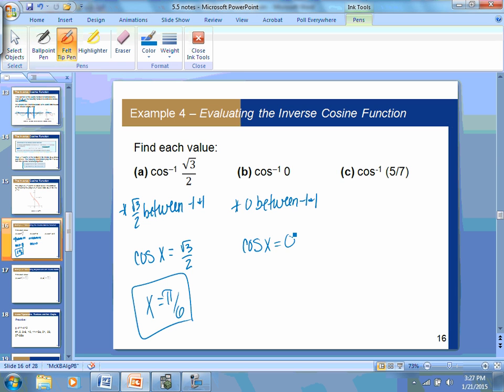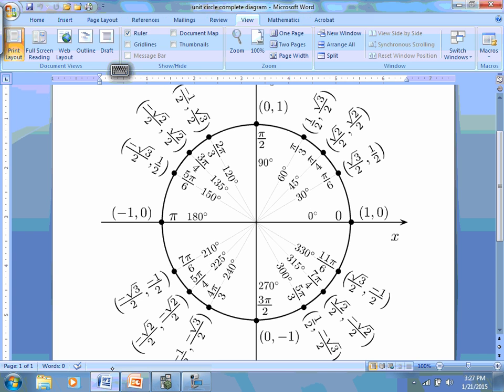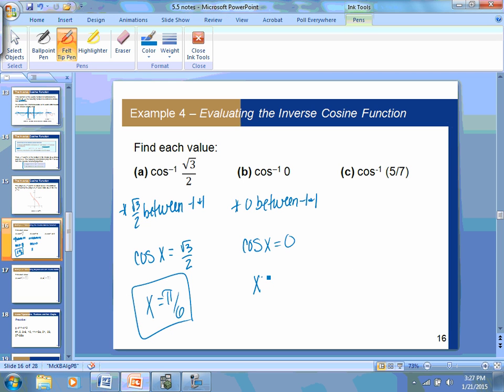So what radian measure on the unit circle has a cosine or an x value in their terminal point that's 0? So if we need to, let's look at our unit circle here. The x that's a 0 is going to be right here. In my ordered pairs, the x value that's a 0 is right here. So the cosine of pi over 2 would get me 0. So x is pi over 2.